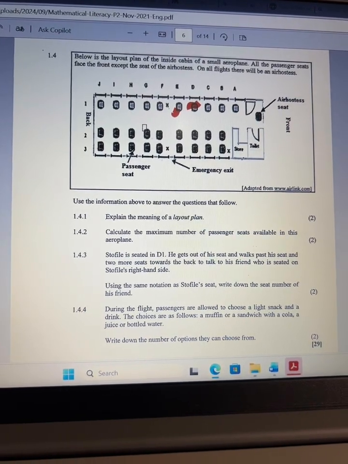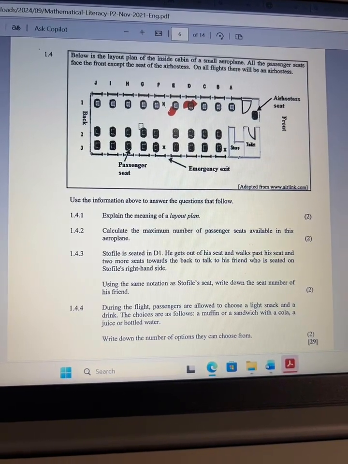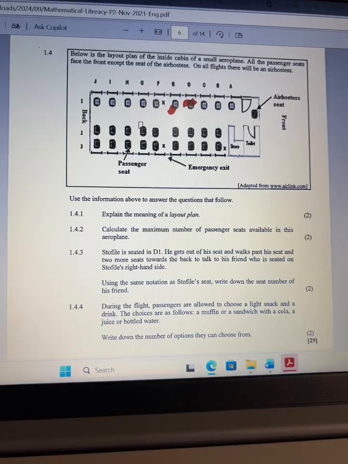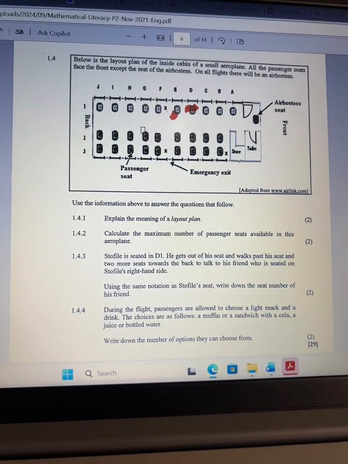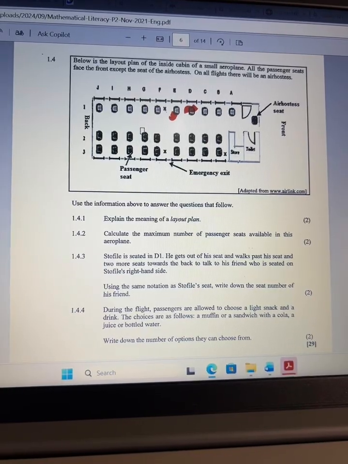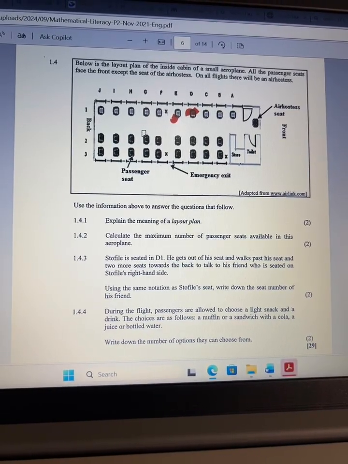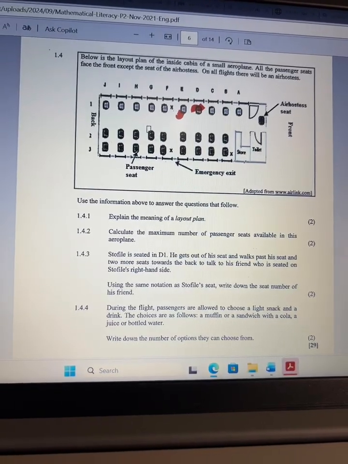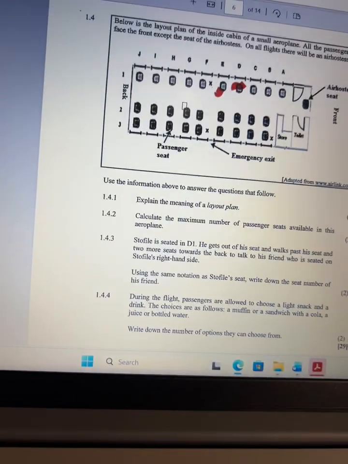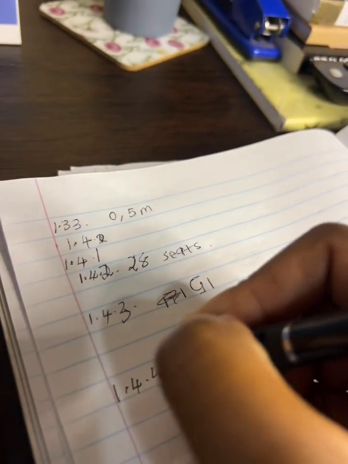So during the flight, passengers are allowed to choose a light snack and a drink. The choices are as follows: a muffin or a sandwich with a cola, a juice or a bottled water. Write down the number of options they can choose. So here we're going to do something like a tree diagram, 1.4.4.